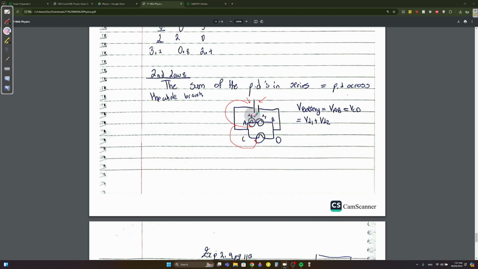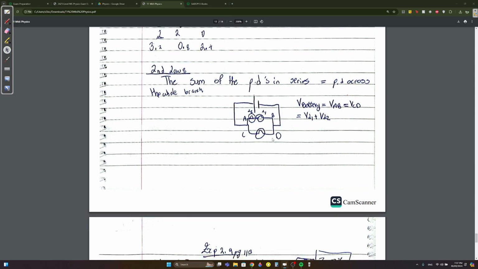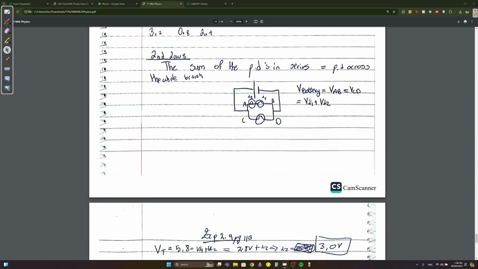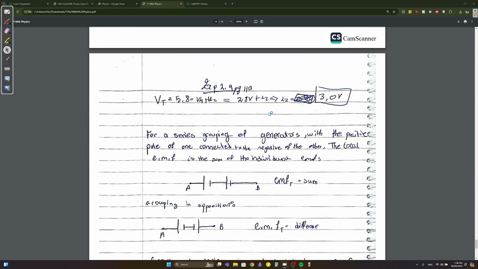Always, when you have parallel branches, the potential difference in the branches will always be equal to each other. It's 12 here, 12 here, 12 here. So V of the cell is equal to VAB, which is equal to VCD, which is equal to VL1 plus VL2. This is L1 and L2 here, so you get what I mean.